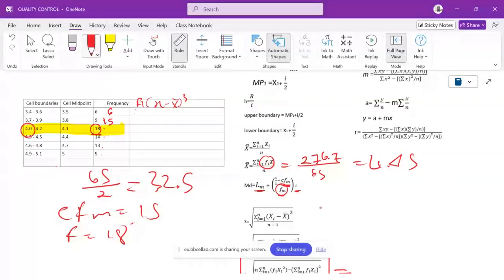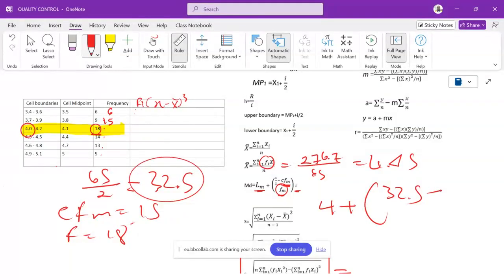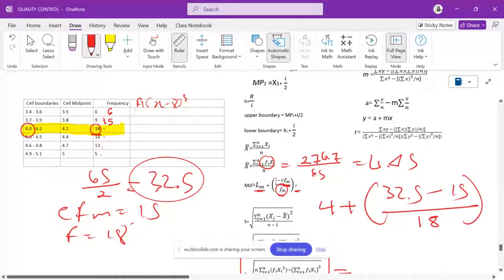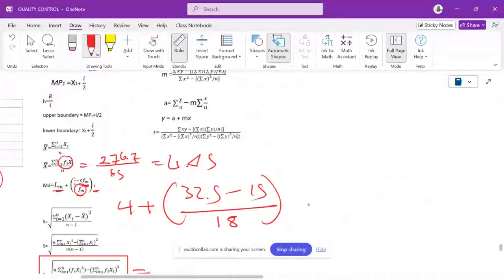So now what do you have? It's 4 plus 32.5 minus 15 over 18, multiplied by, do not forget the interval, 0.3.